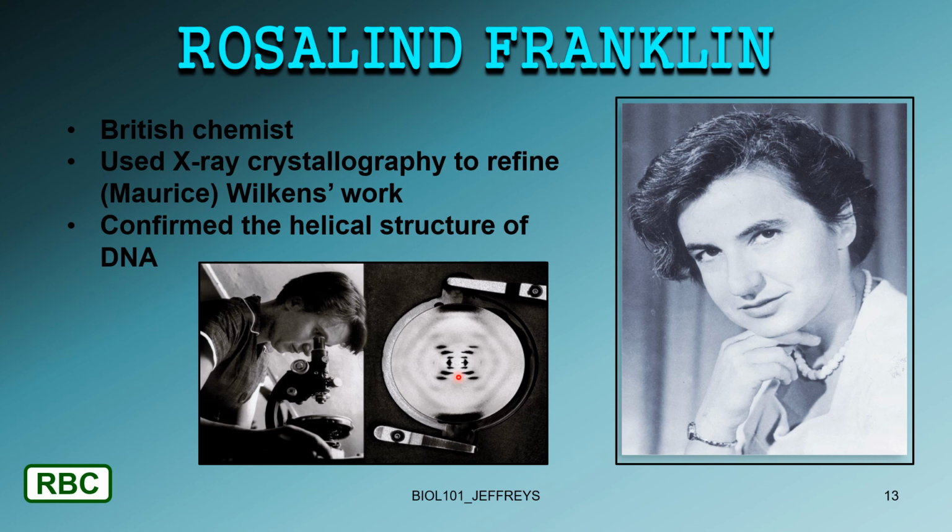Now, Watson and Crick got the Nobel Prize, but if it was not for the work of Rosalind Franklin, I'm not saying the double helical structure never would have been ascertained, but it would have taken them much, much longer. It was her X-ray photographs that confirmed the helical structure of DNA.